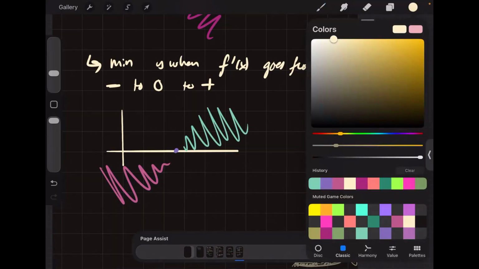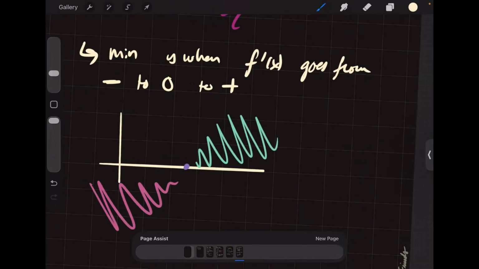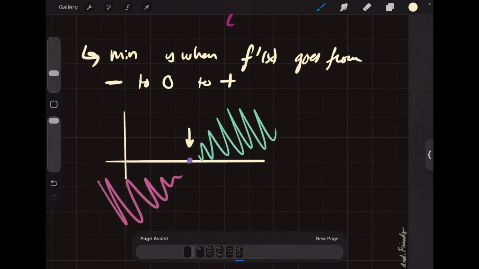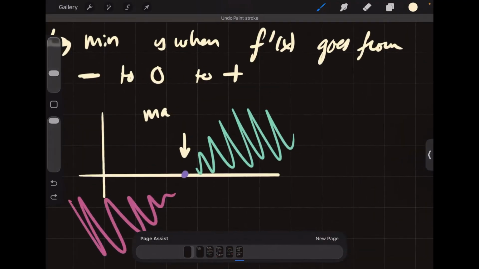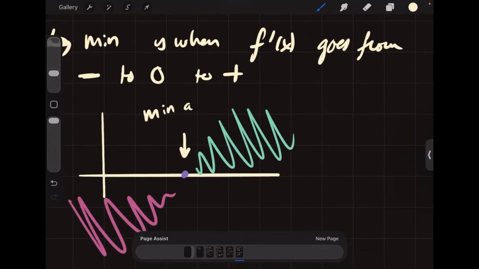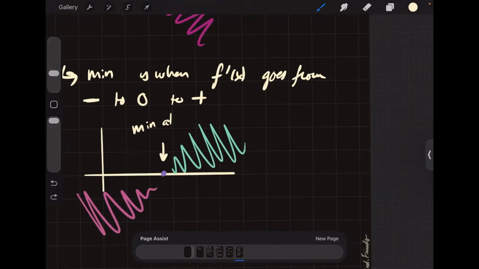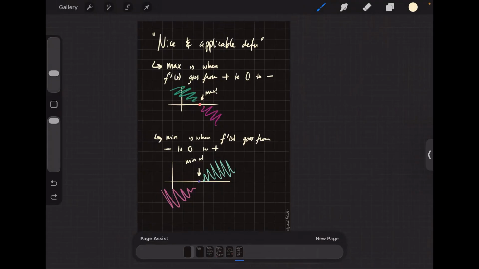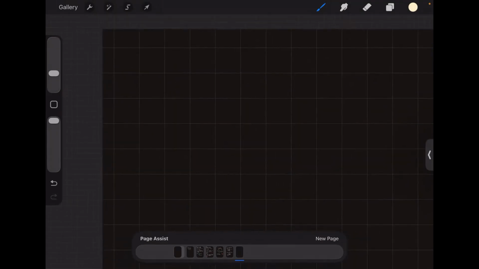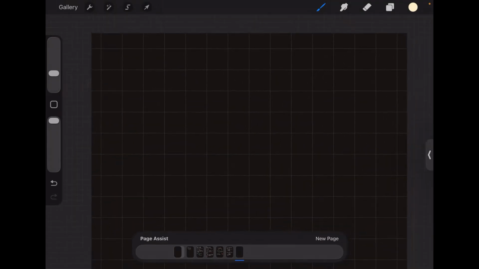That means that your original function, f of x, has a min at whatever this x value is, okay? Big picture, we want to use a sign chart. And I'll show you a fun application of it, okay?